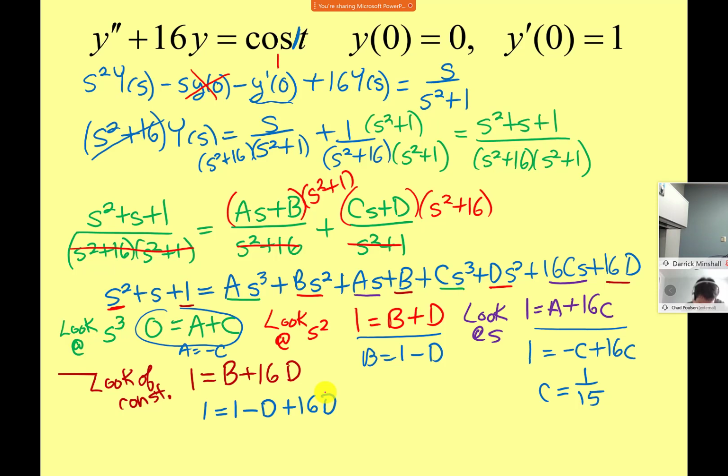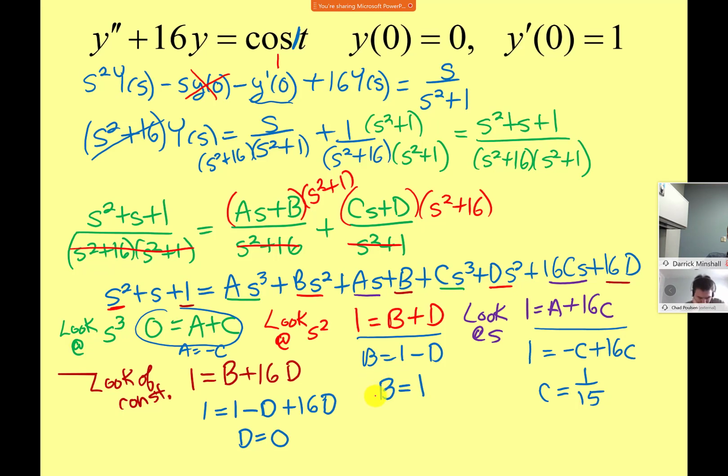Okay, so that looks like 15d, but we move it over as 1, so d is going to be 0. All right, well, if d is 0, then b is going to be 1.